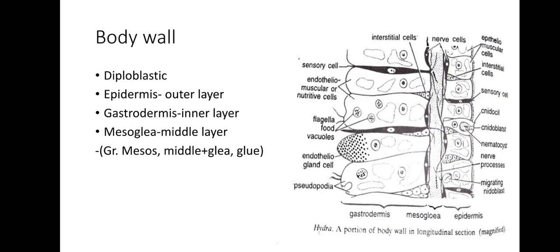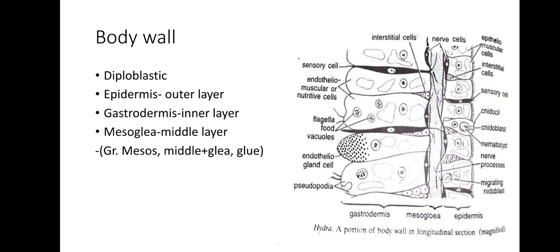Only these coelenterate members are diploblastic individuals because their body is derived from ectoderm and endoderm. And if you see the body in section, it is formed of one body wall which surrounds a cavity called the gastrovascular cavity or coelenteron, and then there is a mouth. So very simple body organization is seen here.